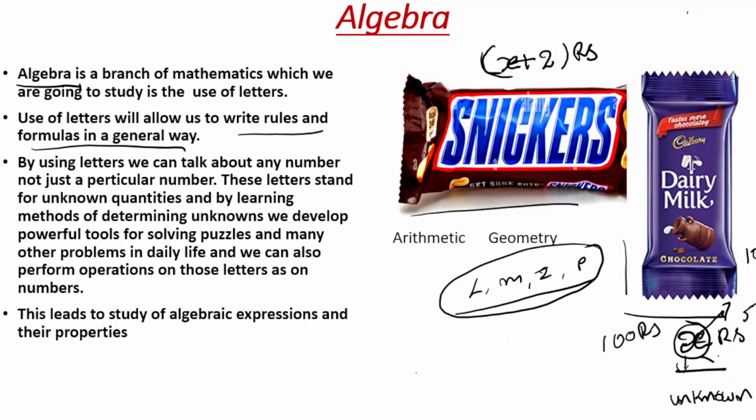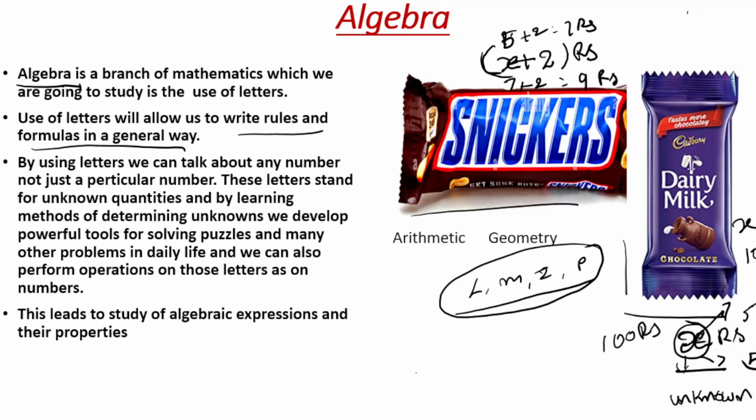So if x takes 5 rupees, then the price of Snickers chocolate is 5 plus 2, that is equal to 7 rupees. Suppose x takes 7 rupees, then the price of Snickers chocolate is 7 plus 2, that is equal to 9 rupees. This is how we solve for the unknown quantities.